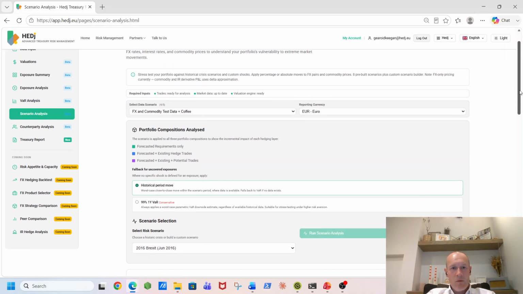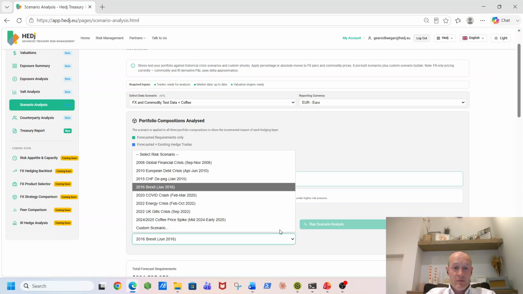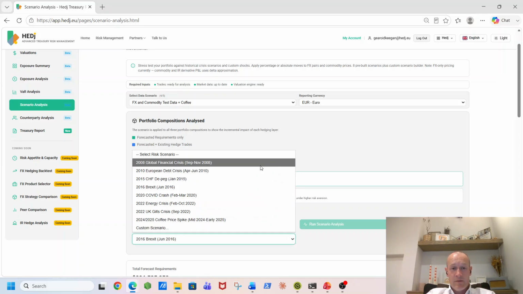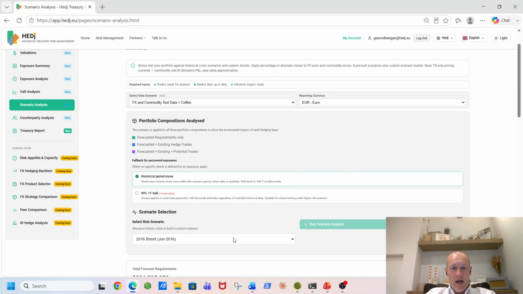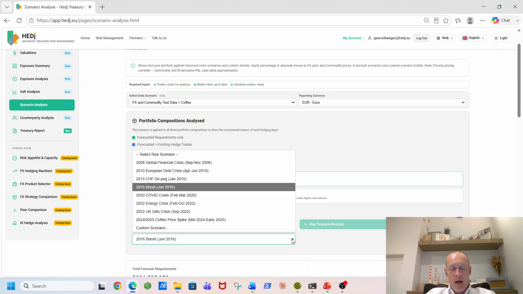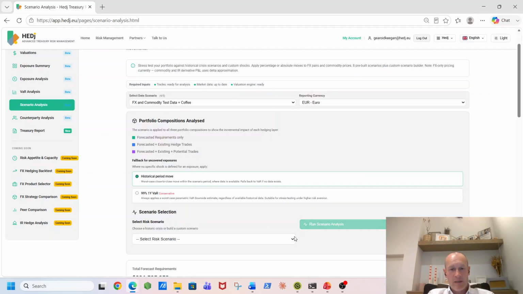So what we've done here, we have selected a couple of scenarios that people will be familiar with: the global financial crisis, European debt crisis, Brexit, etc. And we can apply those shocks to the user's portfolio, or if they want to set their own shocks and negative valuations, they can do that on an exposure by exposure basis.